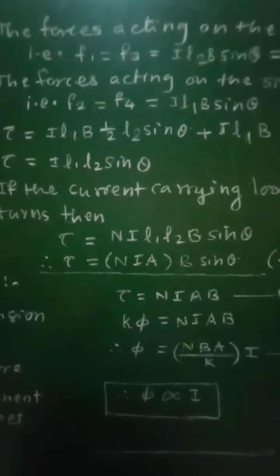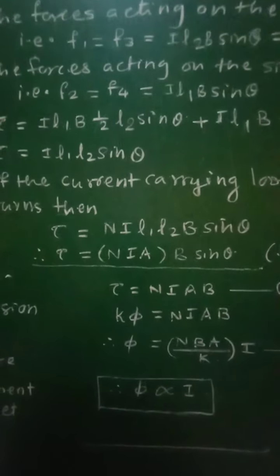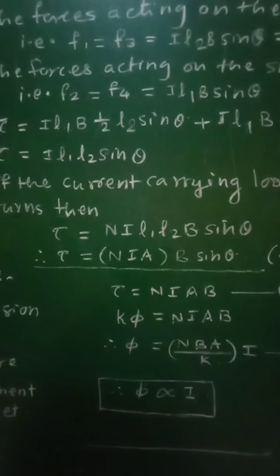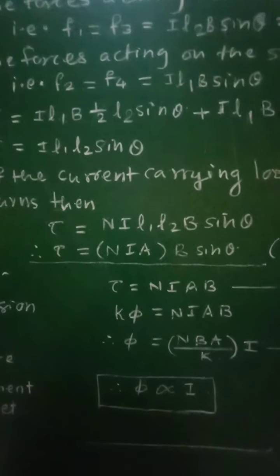So for single turn, it will be I L1 L2 B sin theta. For n turns, it will be N I L1 L2 B sin theta.